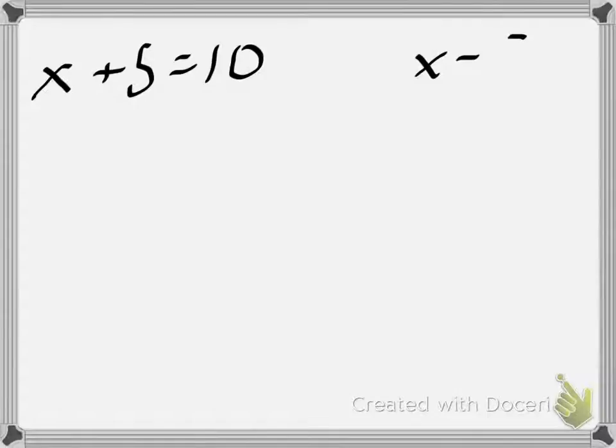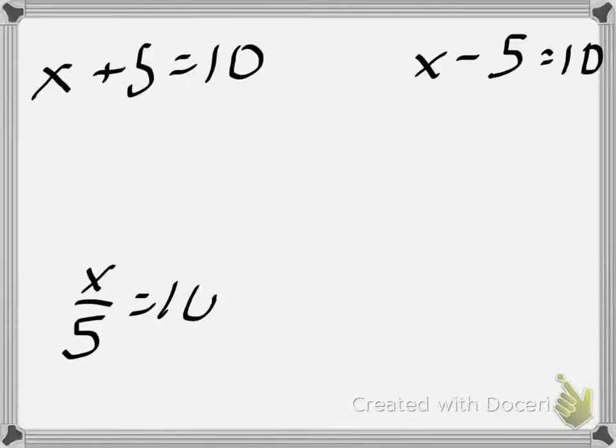Just to do a couple more of those quickly, let's change that and put in our variables. If I did x plus 5 equals 10, and x minus 5 equals 10, x divided by 5 equals 10, and x times 5 equals 10.